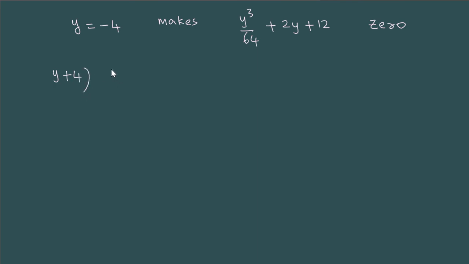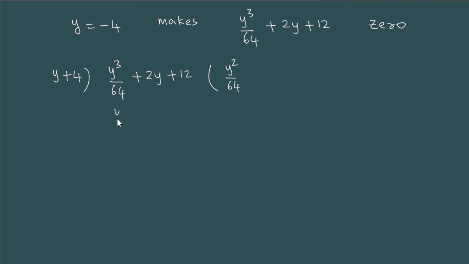Okay, so I'm just writing this here, y cube by 16 plus 2y plus 12. So what do we have here? I think I can write y square by 16.